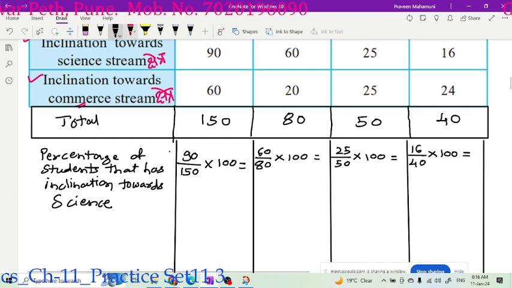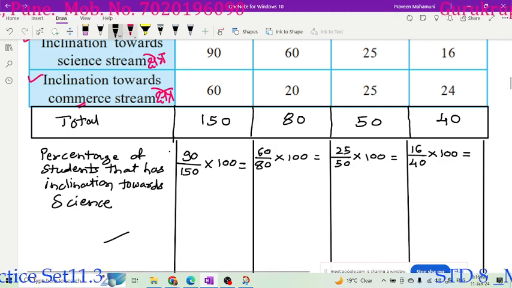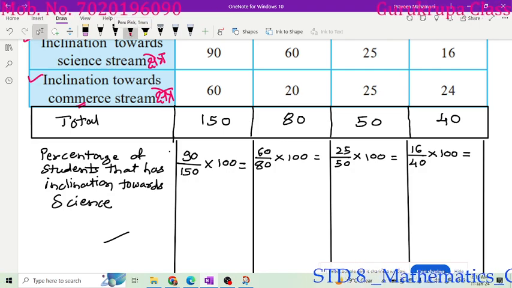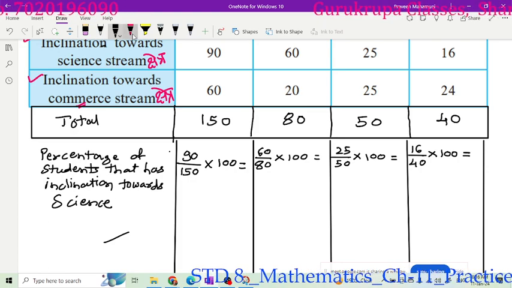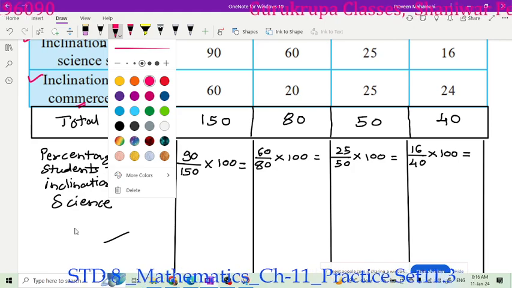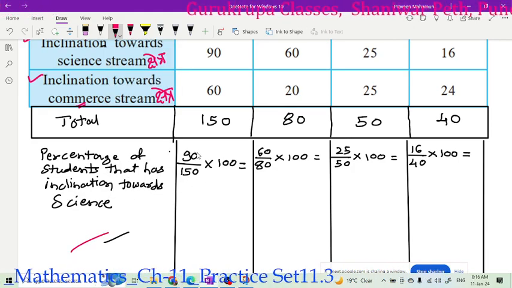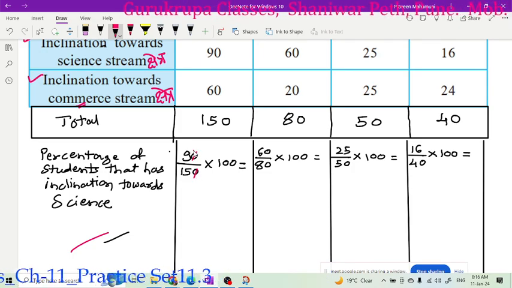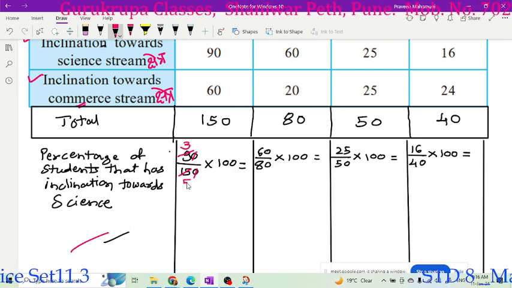Let us do the calculations. First of all, cancel the zero. 9 and 15 are in the table of 3. 3 3s are 9, 3 5s are 15.